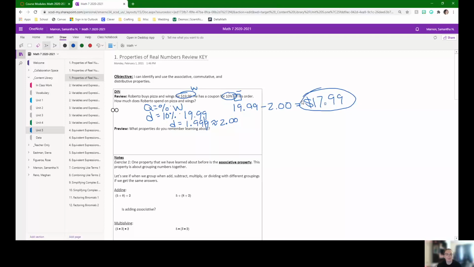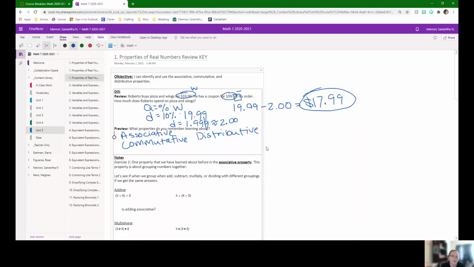For our preview question, it's just asking, what properties do you remember learning about? So maybe you saw them in the objective and you remember those, but there are some other ones that we've learned about. So pause the video and see which ones you can remember. Okay, so we have learned about the associative, commutative, and the distributive property.